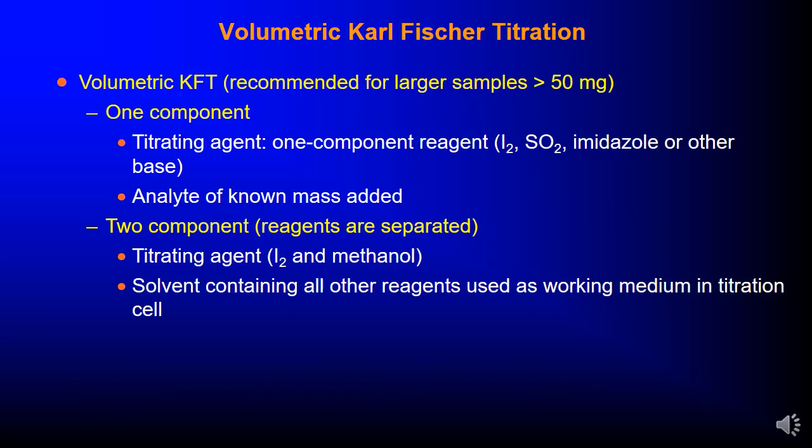Majorly, volumetric Karl Fischer titration is recommended for large samples greater than 50 milligrams. So one component: titrating agent, one component reagent, iodine, sulfur dioxide, imidazole or other base, analyte of known mass added.